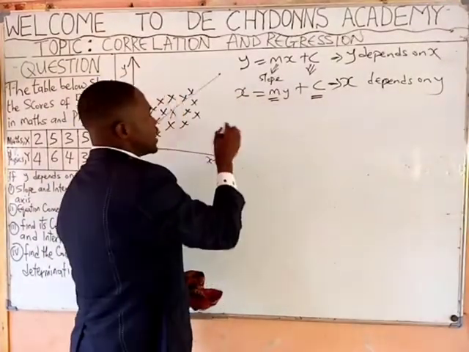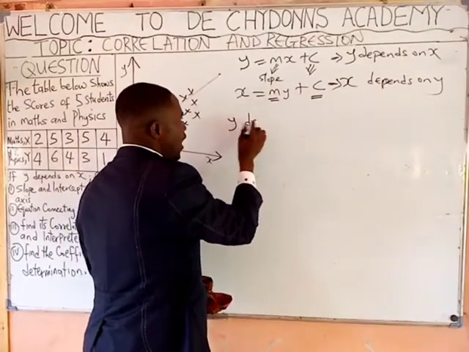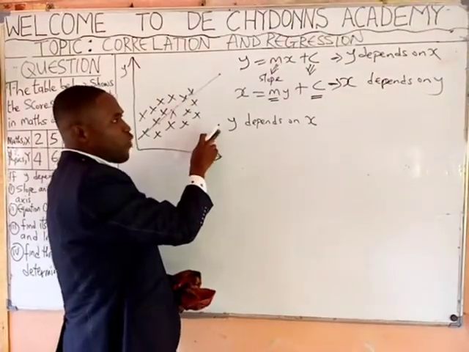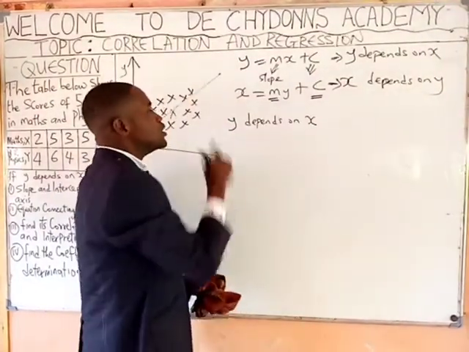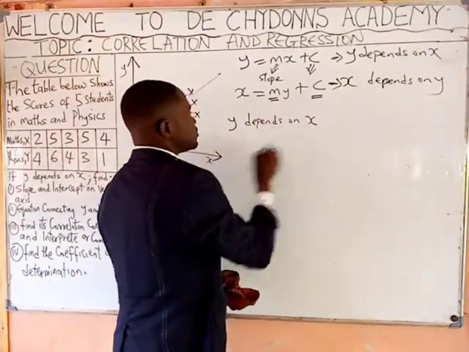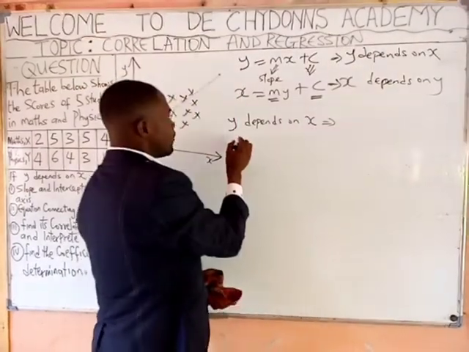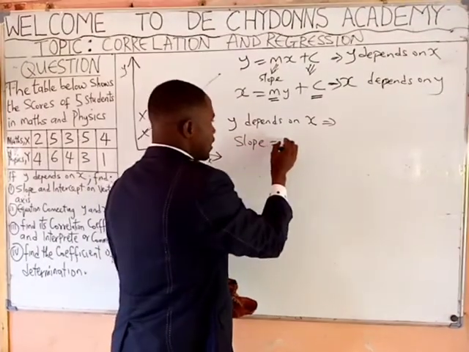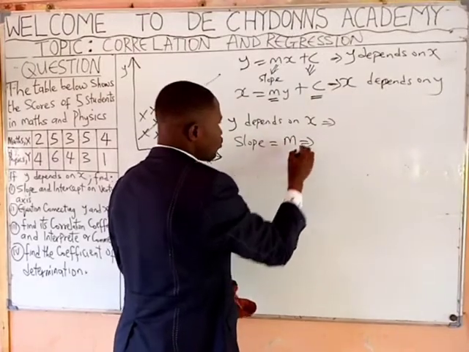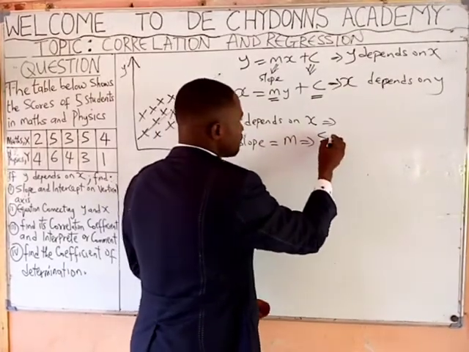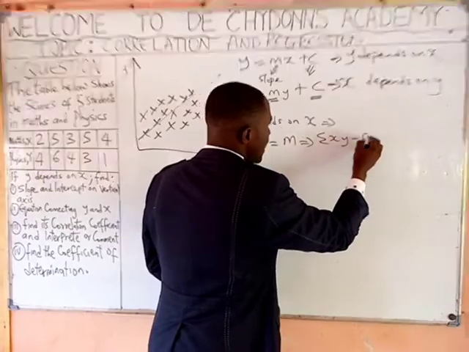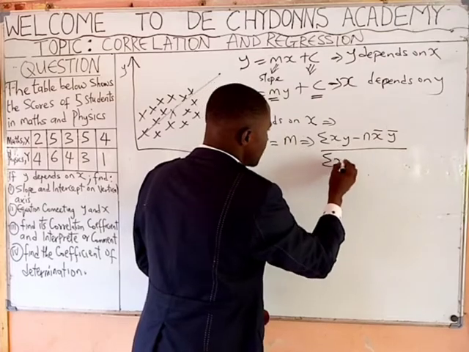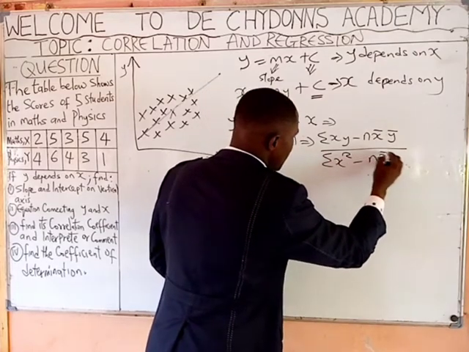Take for instance, if we are plotting y depends on x, that is the graph of y against x, the implication is that slope m is equal to summation of xy minus n mean of x, mean of y, all over summation of x squared minus n mean of x squared.